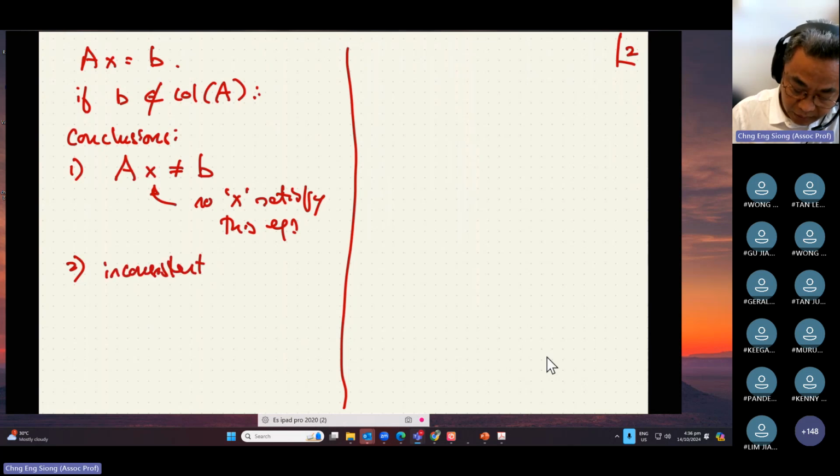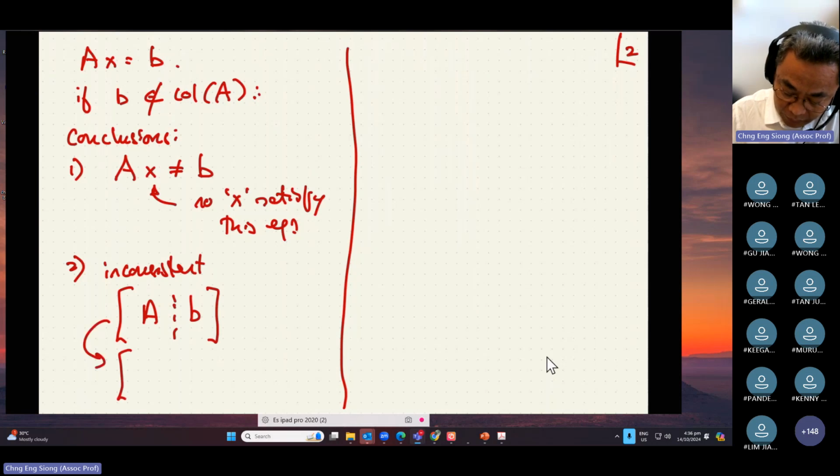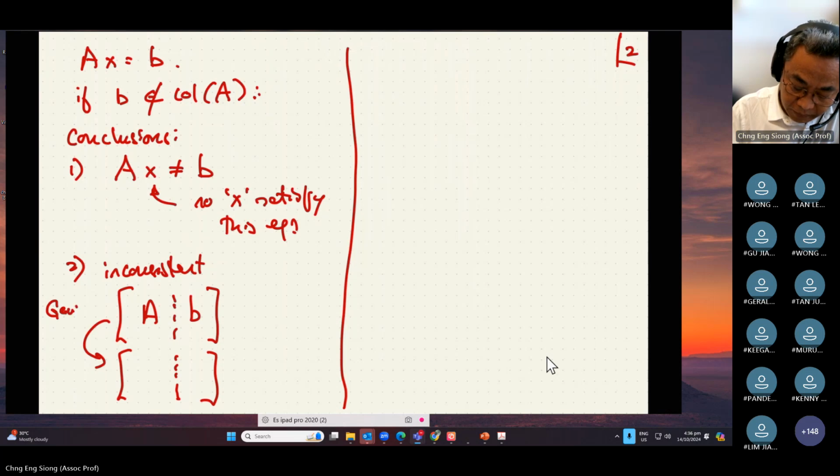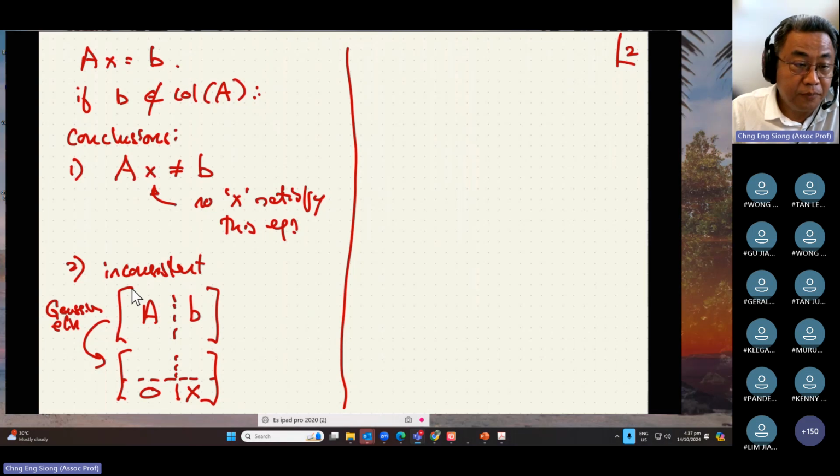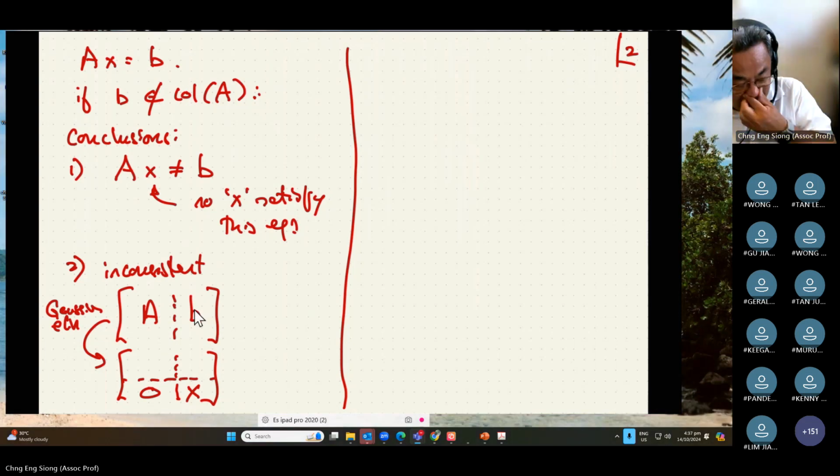Yes, because when we do Gaussian elimination of A and b, what would happen, guys? What will we see at the bottom? 0 equals to some number that is not 0. Okay, so this is how we know that the system is not consistent. All right.